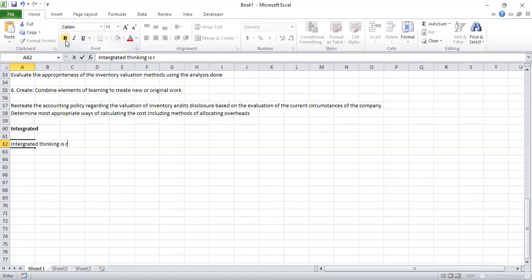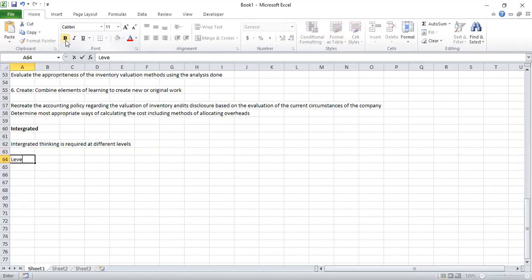So integrated thinking is required at different levels. I think right now most of the time you'll be facing it in your exams and in your tests. But then you also face it when you apply your accounting, maybe in your jobs and stuff like that. Right.